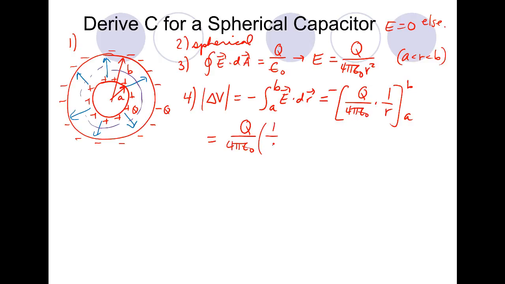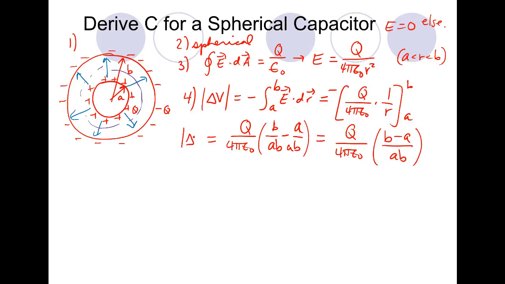We'll have 1 over A minus 1 over B, which is going to turn into B minus A over AB. So we'll have Q over 4 pi epsilon naught times B minus A over AB. So that is our expression for the potential difference.